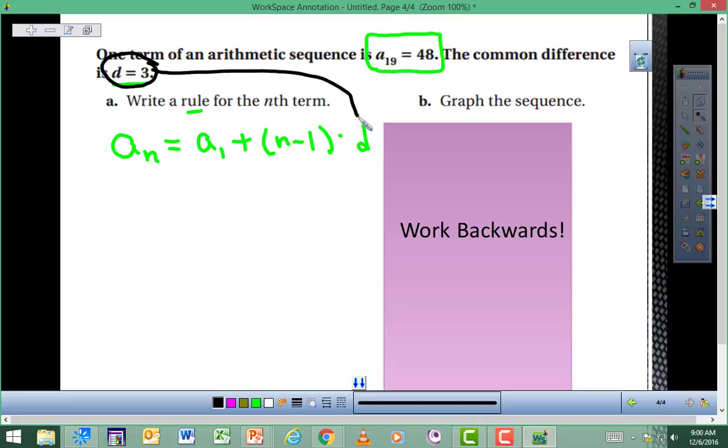So I know that one already. So what we can do is erase this and put 3 here. Now remember, we normally want n in the formula, but right now we don't know what the first term is. What we know is the 19th term. Well, if that's the 19th term, then what's n?